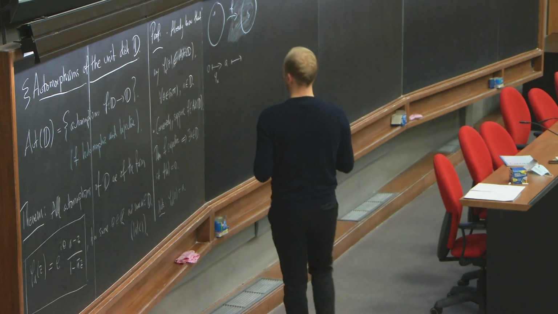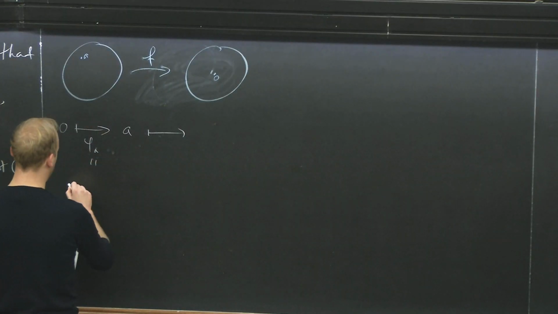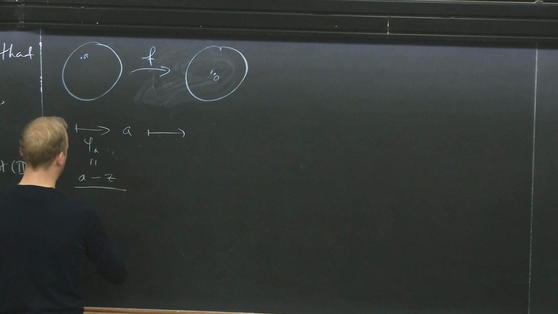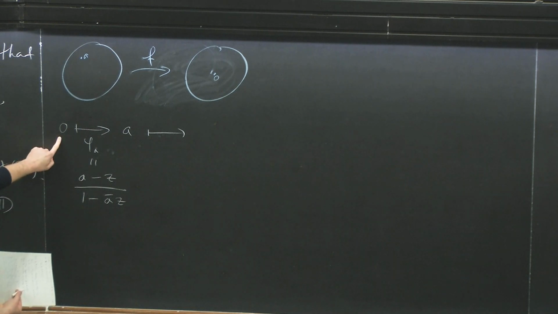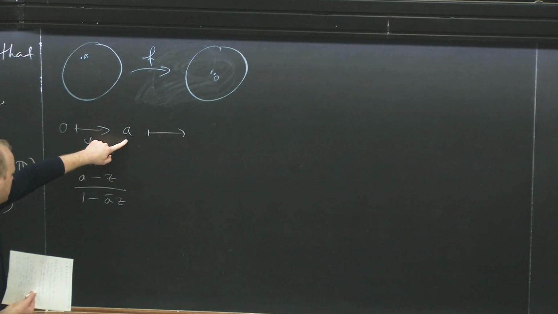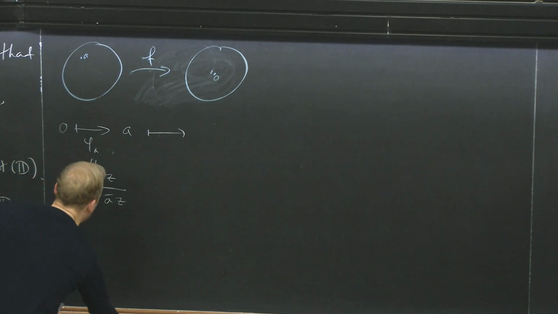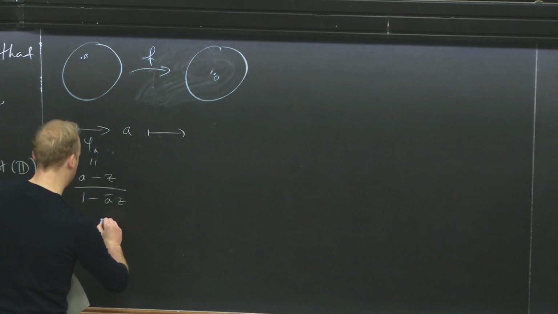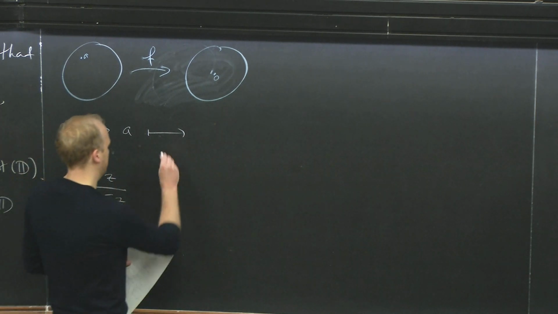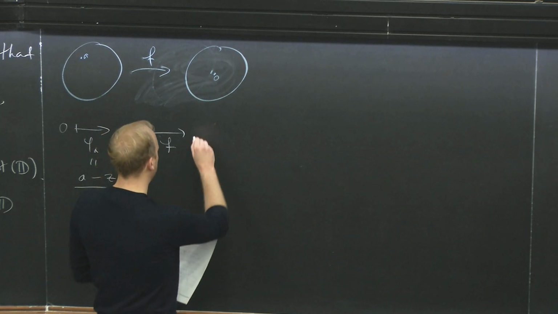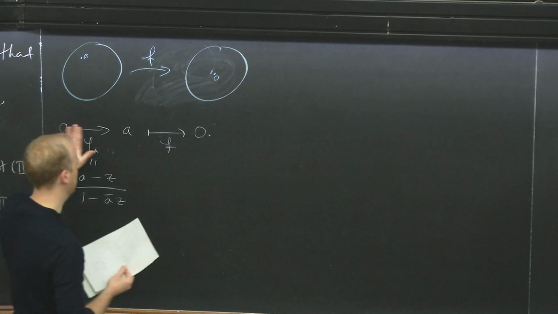This phi A here will be, when e to the i theta is equal to 0, A minus z over 1 minus A bar z. This one will map 0 to A because then the denominator vanishes. So you have this phi A here, and then F maps A to 0. So we can look at the composition of these maps going from D into D.